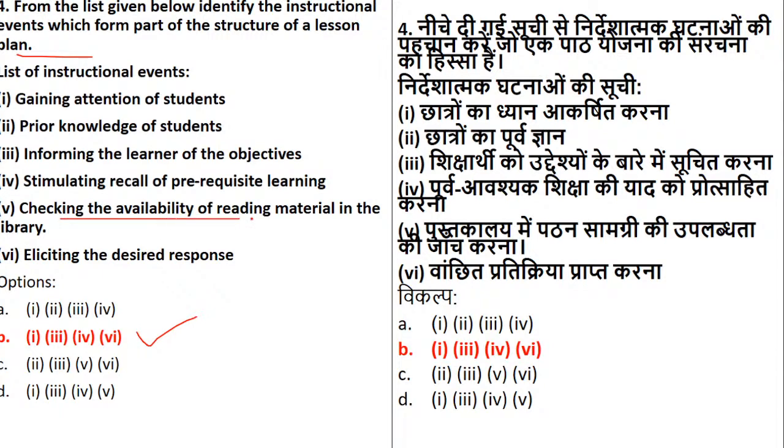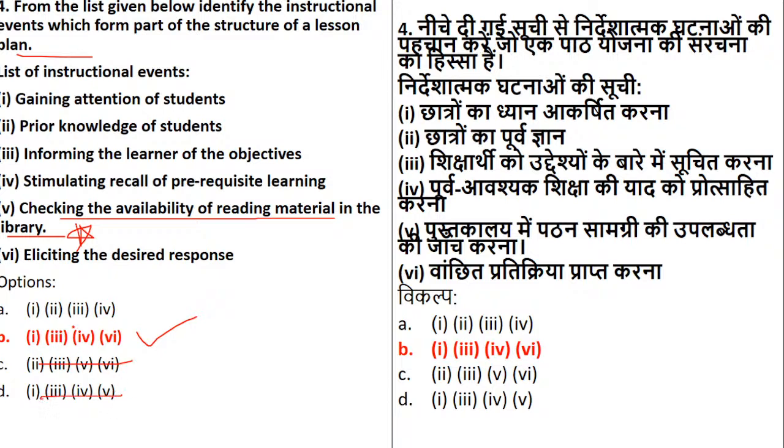Okay, now if you look at this option very closely, whenever a teacher prepares a lesson plan, it is the duty of the teacher that if the material is not available, the teacher has to make it available. So this will definitely not affect the structure of lesson plan. So option number 5 is not a key instructional part of a lesson plan. So you can eliminate option number 5.